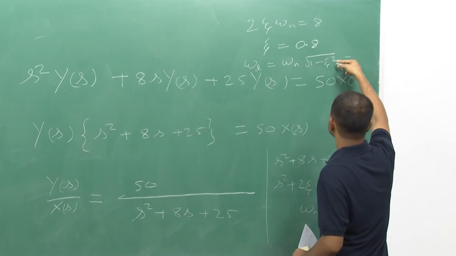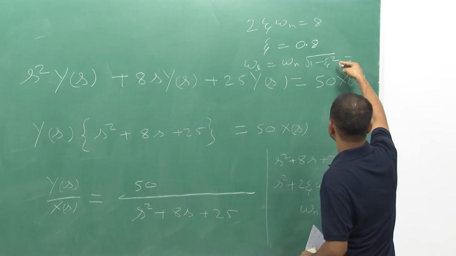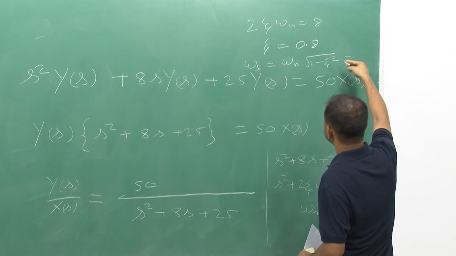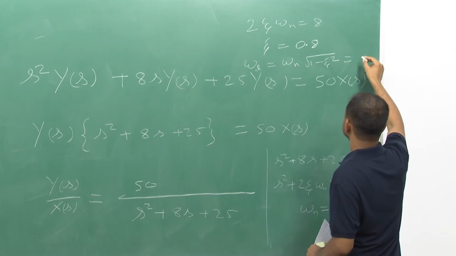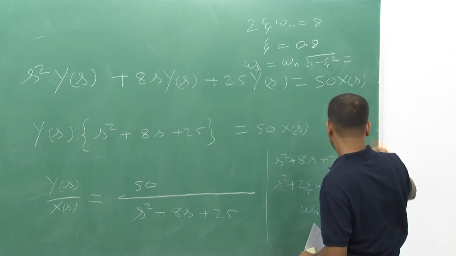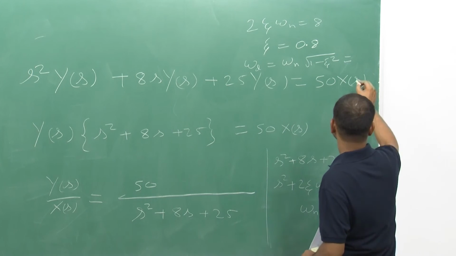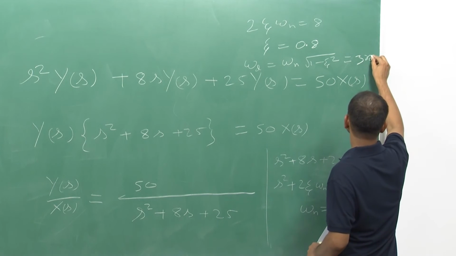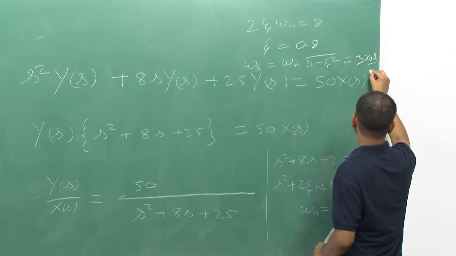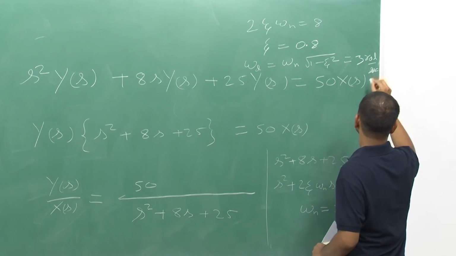So, 1 minus 0.8 square is 0.64, 1 minus 0.64 is 0.36, so 0.6, and omega n is 5, then 5 into 0.6, it will be 3 radian per second.